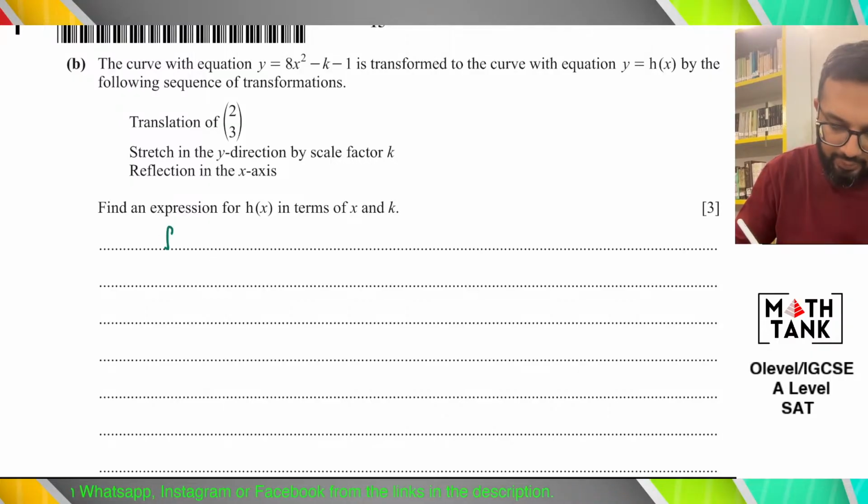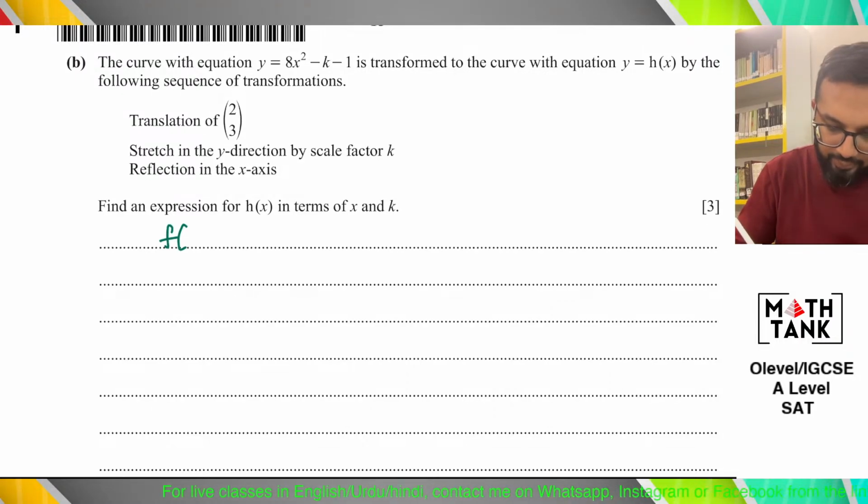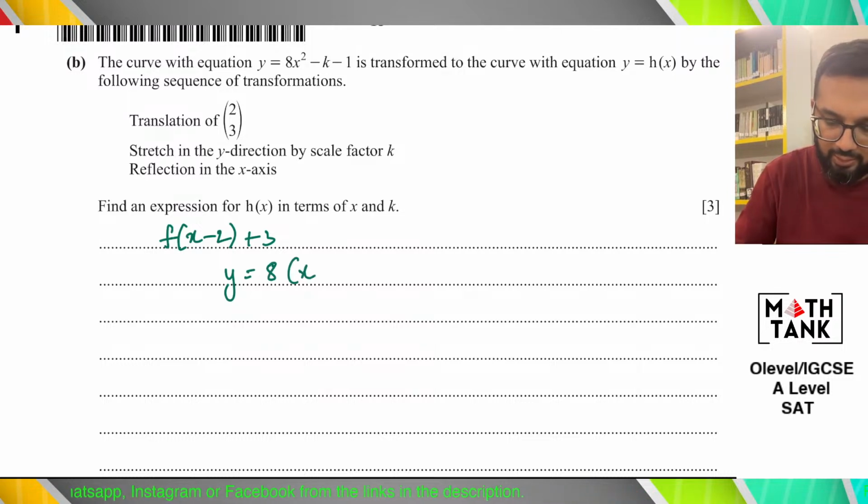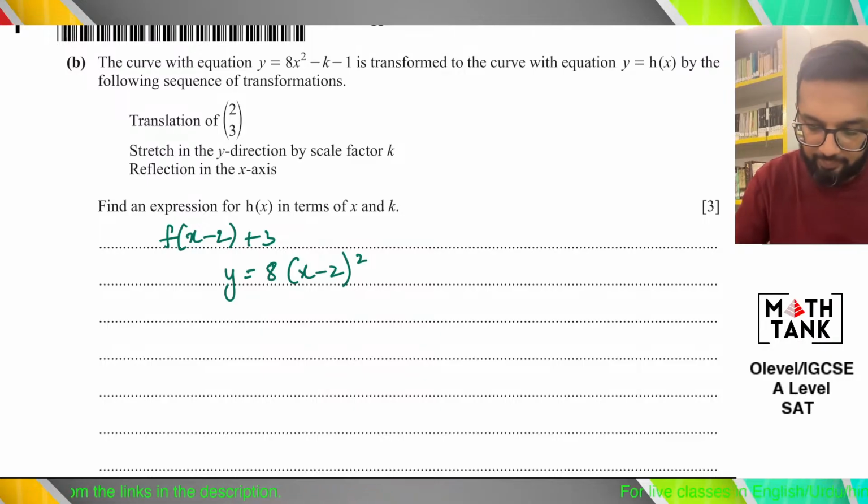So first, in terms of the transformation, I can write x minus 2 and plus 3. So this is going to be y equals 8 (x minus 2) whole squared minus k minus 1 and then a plus 3 at the end.